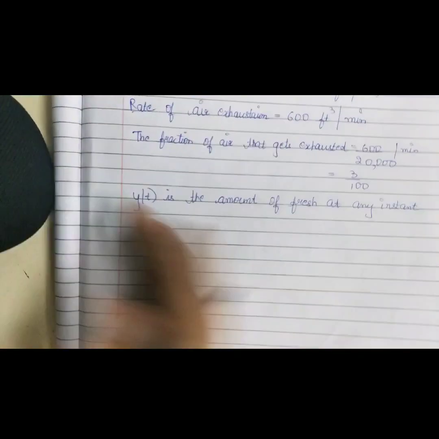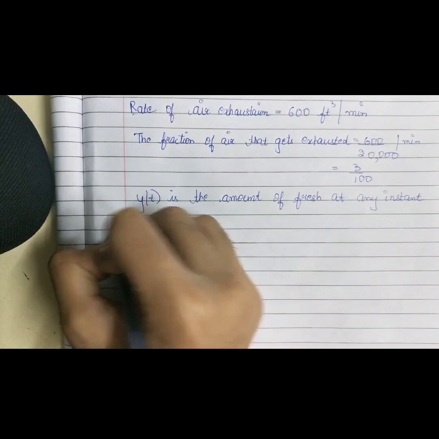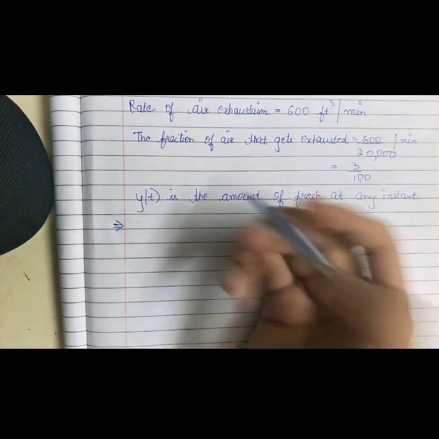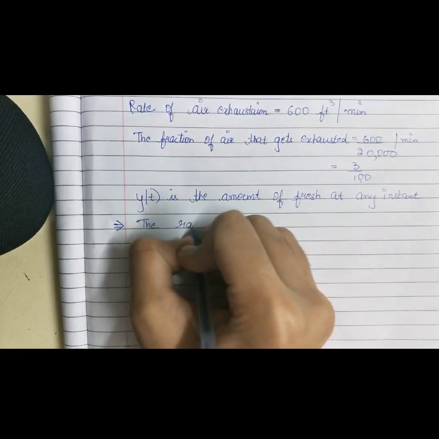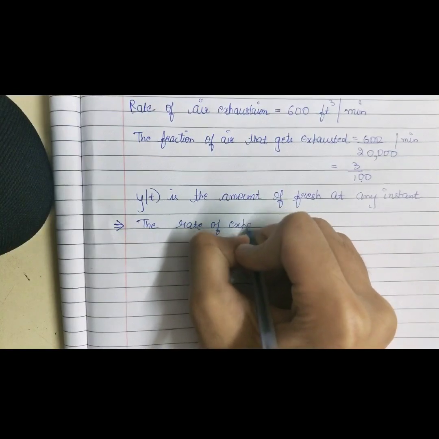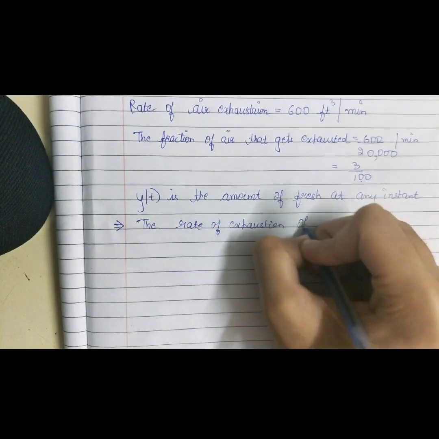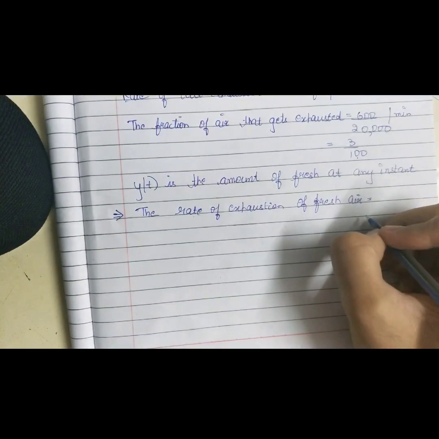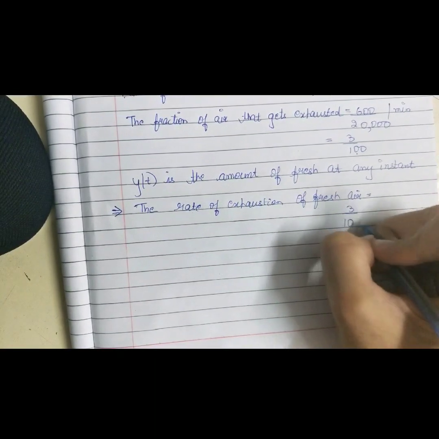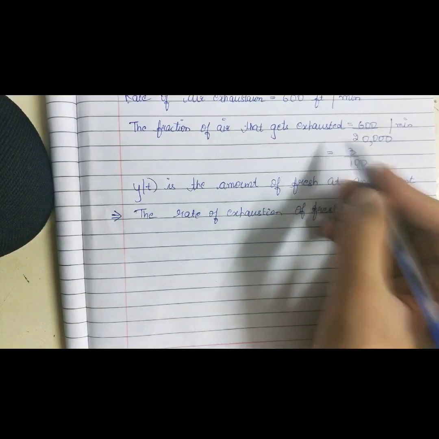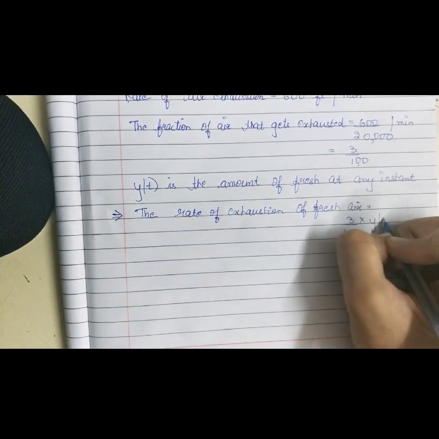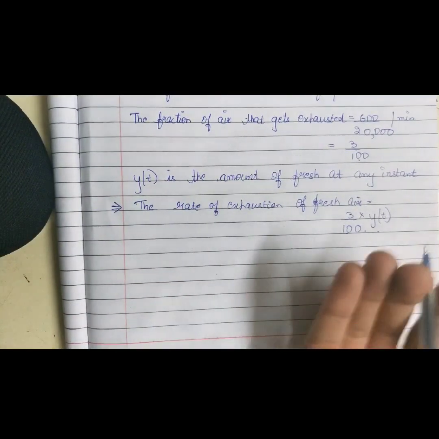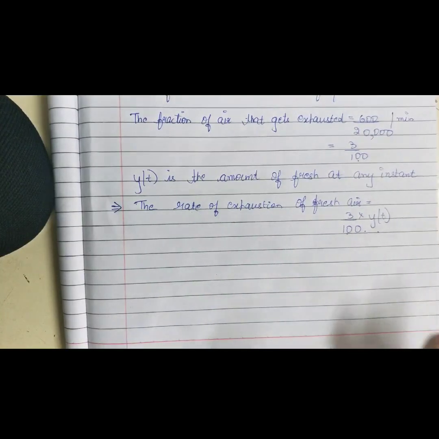So this means that at any instant the rate of exhaustion of fresh air is nothing but the product of the fraction that we just calculated, the 3 by 100 fraction of air that gets exhausted, multiplied by the amount of fresh air present at any instant in the room. Now this could also be better understood if we use a unitary method.